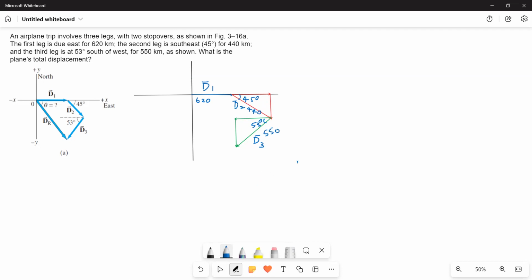Okay. Now we have to resolve them into components, because we have to find the resultant. This is the resultant. To find it, we require, if you want, I will draw that line also. The line will be like this.